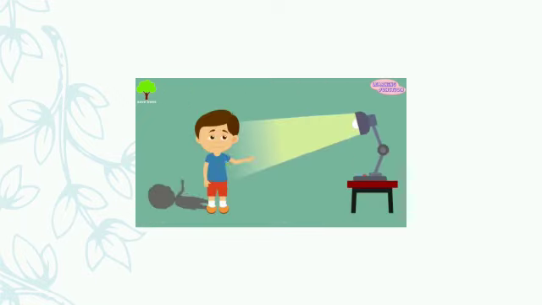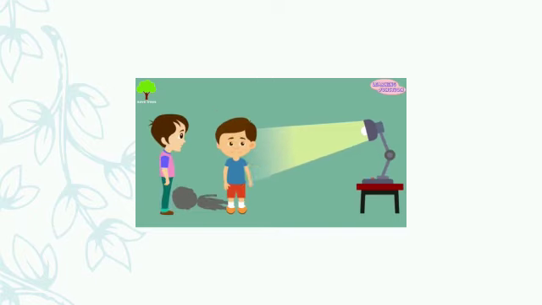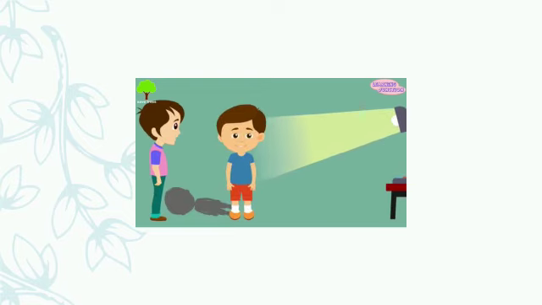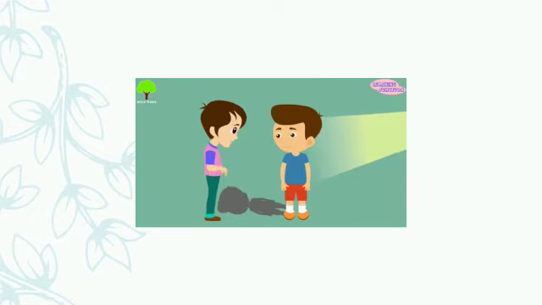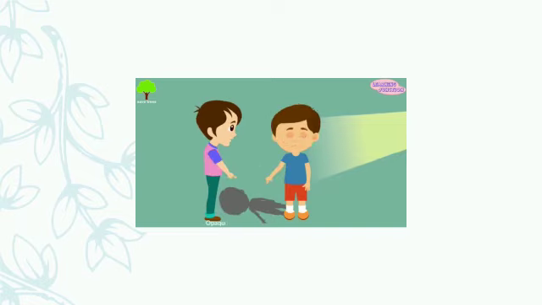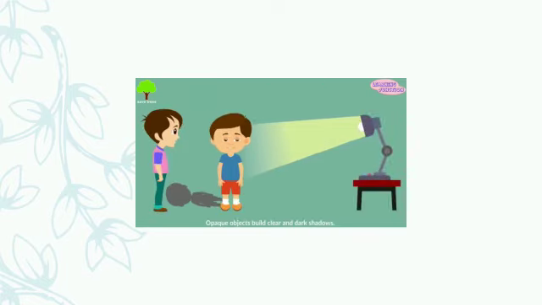Stand in the way of a beam of light from a torch. Ask your friend to stand behind you and spot the beam of light. Your friend will see no light since your body did not allow it to pass. Whenever light is not able to go through an object, it creates a dark area around the object. This part where the light cannot reach is called a shadow. Opaque objects build clear and dark shadows. This is how shadows are made.